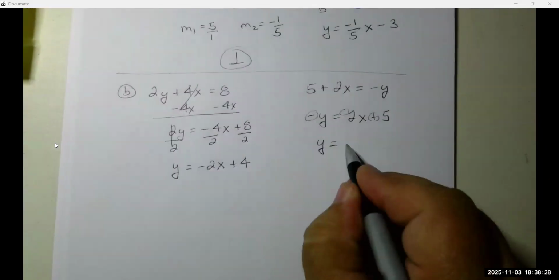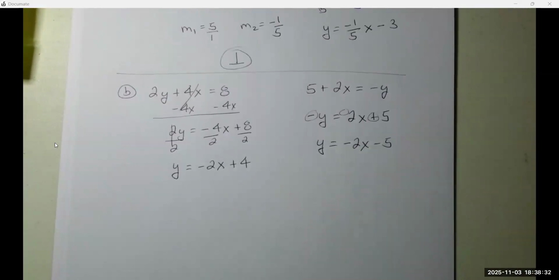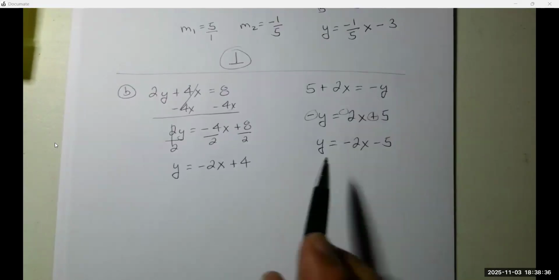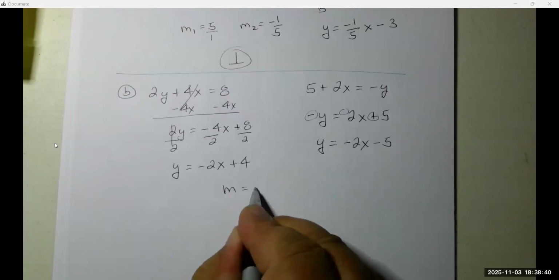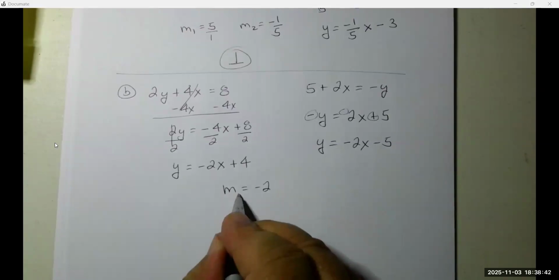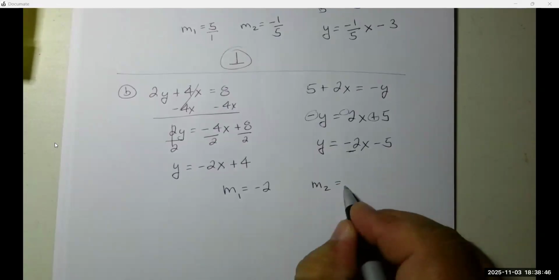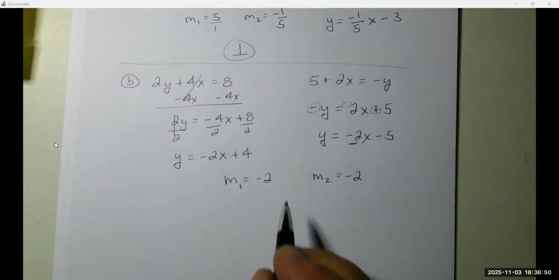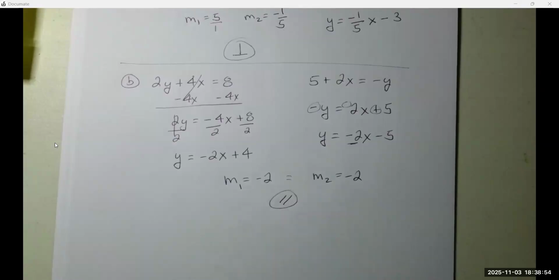So it'd be y equals negative 2x minus 5. That's exactly right. So the slope of this one is negative 2. That's the slope of line 1. The slope of line 2 is also negative 2. So they'd be parallel lines. Since they're equal, they're parallel lines.